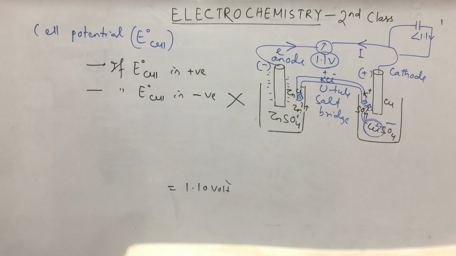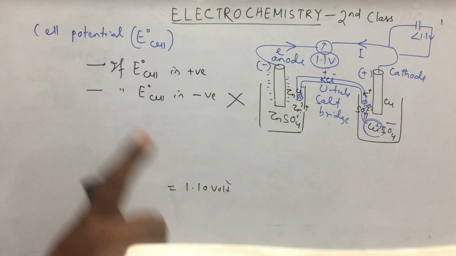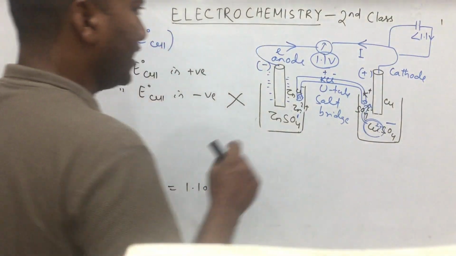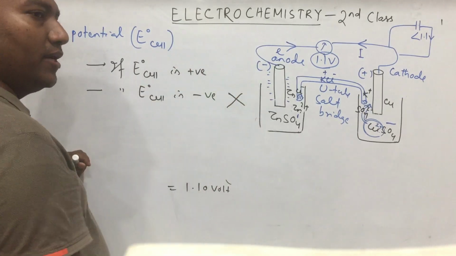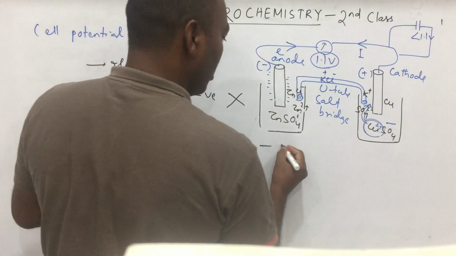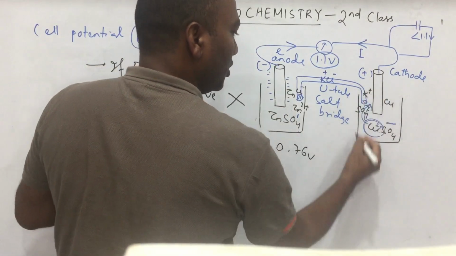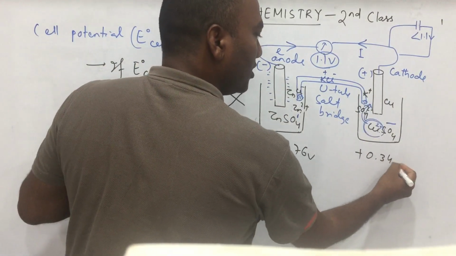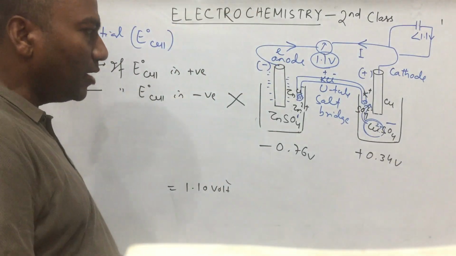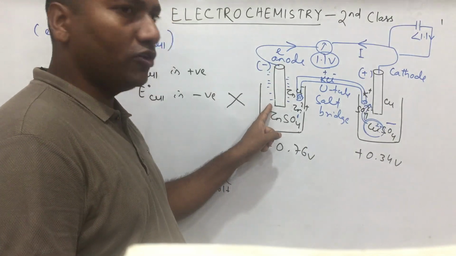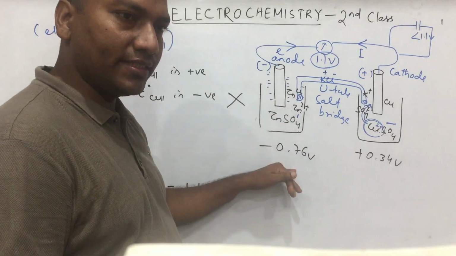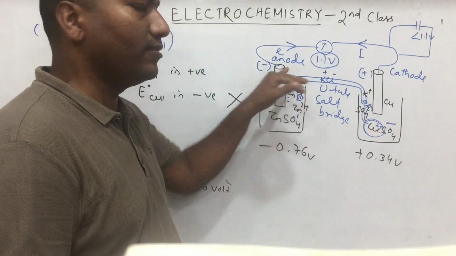If the cell potential value is negative, the cell reaction is not feasible. Clear? So this is one significance. Second one is, you see, the electrode whose E° value is negative. Zinc E° value is minus 0.76, copper E° value is plus 0.34 volt. So remember, out of the two metals, the electrode whose E° value is less always acts as anode.